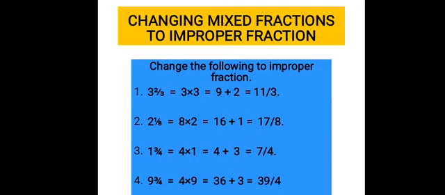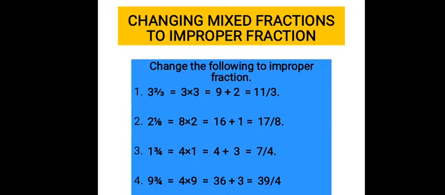So example 3, 1 whole number 3/4, change to improper fraction. So 4 times 1 equals 4, plus the numerator, which is 3. So 4 plus 3 will give you 7 all over 4.